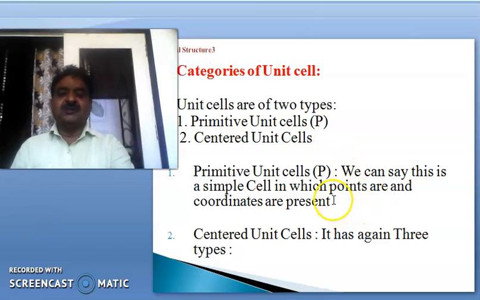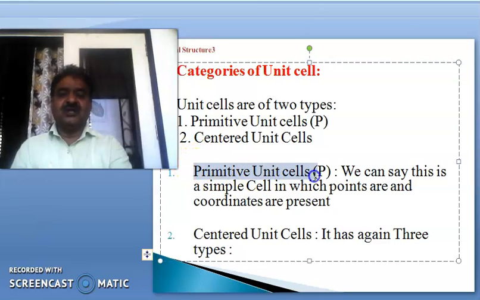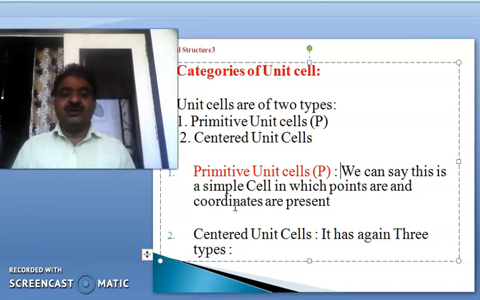Primitive cell is nothing but a simple cell in which points and coordinates are present. It is simple. But we take more interest in centered unit cells.